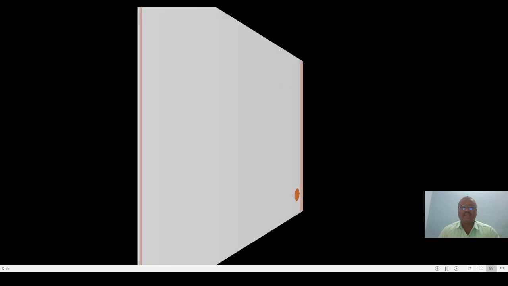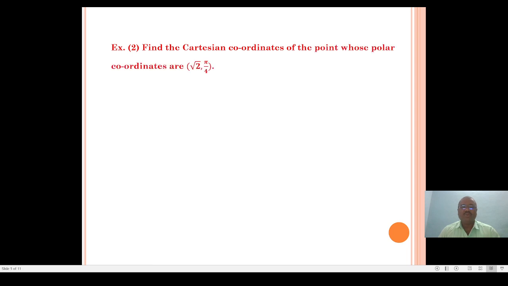See another example. Find the Cartesian coordinates of the point whose polar coordinates are (root 2, pi by 4). So given r equals root 2 and theta equals pi by 4.